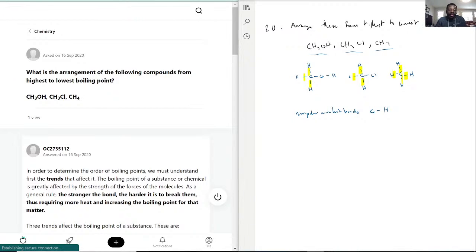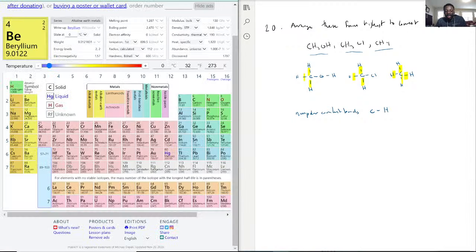Just in case you're not familiar, it's based on the electronegativity difference on the periodic table. If it's less than 0.4, then it's a non-polar covalent bond. Electronegativity of carbon is 2.55, and hydrogen is 2.20, which is a difference of 0.35, hence non-polar covalent bonds.